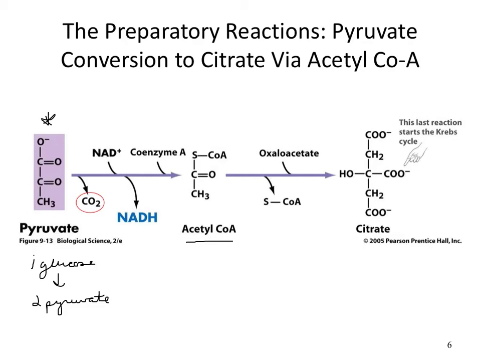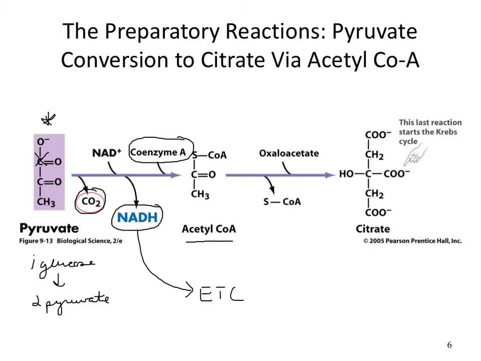In order to do that, it is reacted with another molecule called coenzyme A. As that happens, reduced nicotinamide adenine dinucleotide, or reduced coenzyme, is produced. That's going to go off to the electron transport chain. Another thing that happens is 1 molecule of CO2 is produced, and that accounts for 1 of the 3 carbons that are present in pyruvate.